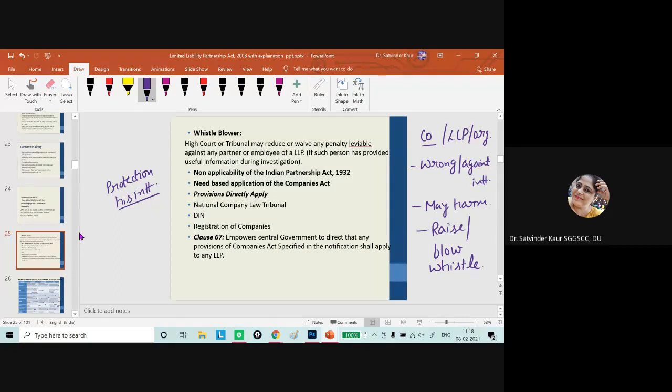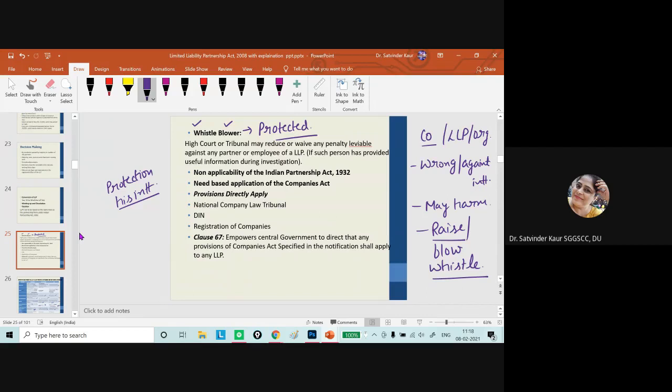The person who is blowing the whistle, who is raising the alarm, is known as a whistleblower. And whistleblower interests are protected by law, in that his intentions are good in raising the concerns, so his interests are protected. This particular provision is known as the whistleblowing provision, right?